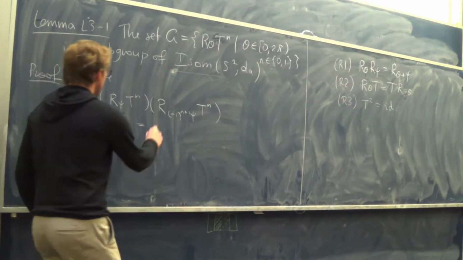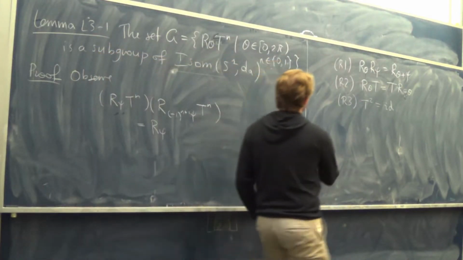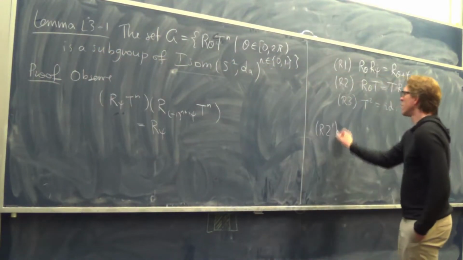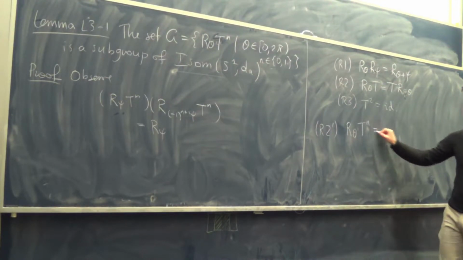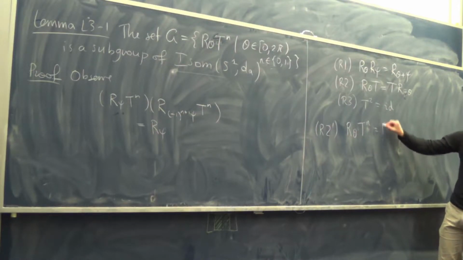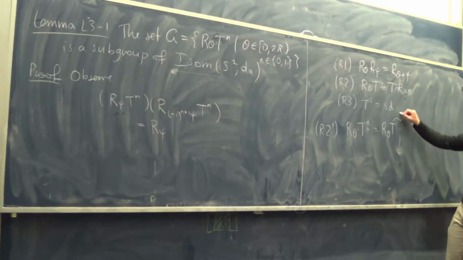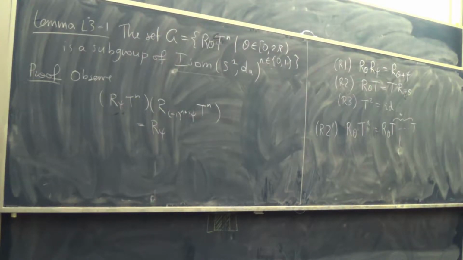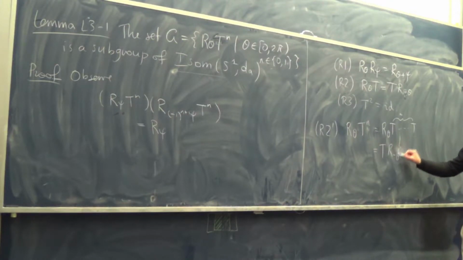Okay, so if I take this identity and I just iterate it, well, then just imagine moving the r theta through, and each time you get a multiplication by minus 1.